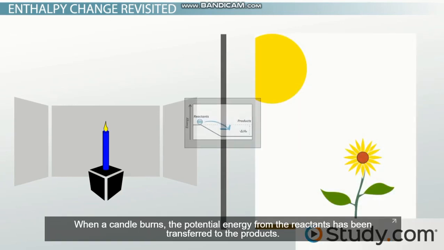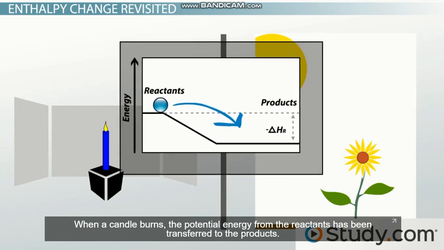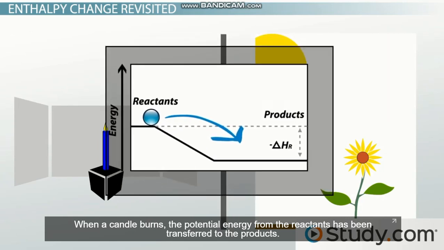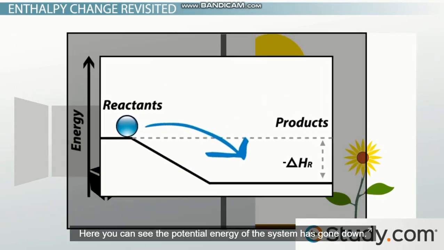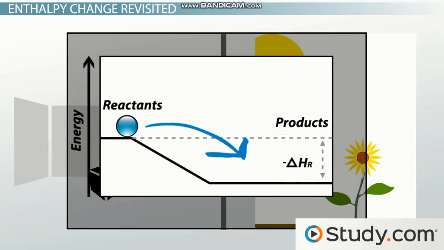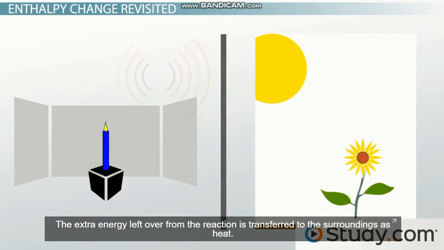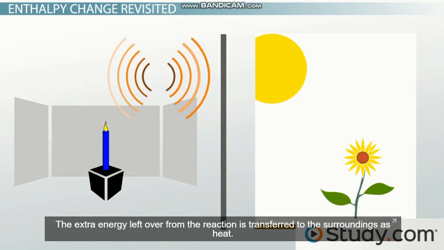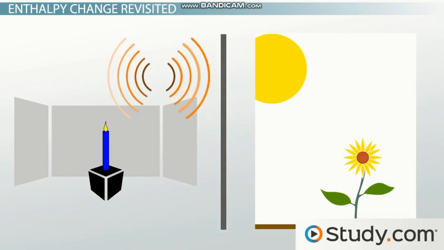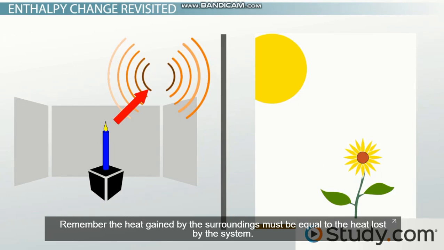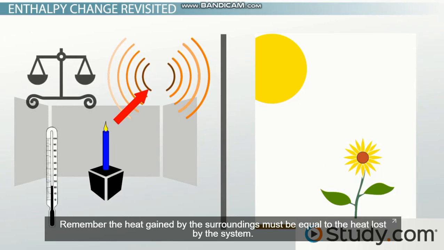When a candle burns, the potential energy from the reactants has been transferred to the products. Here you can see the potential energy of the system has gone down. The extra energy left over from the reaction is transferred to the surroundings as heat. Remember, the heat gained by the surroundings must be equal to the heat lost by the system.